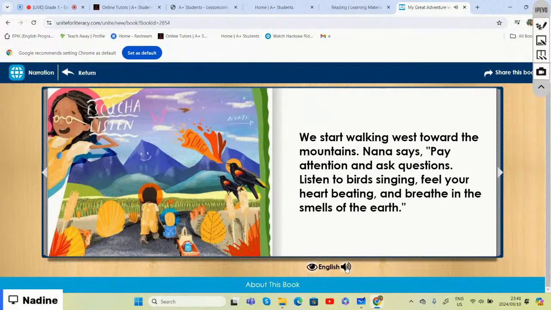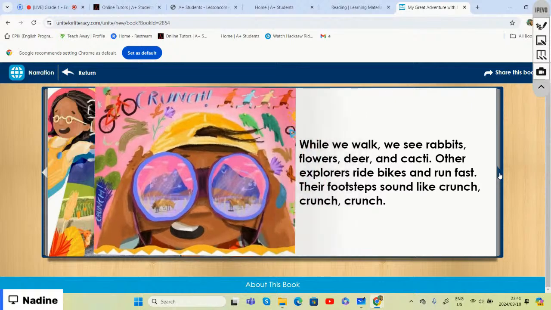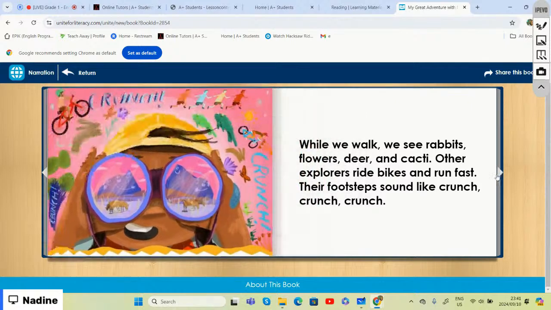Listen to birds singing, feel your heart beating, and breathe in the smells of the earth." While we walk, we see rabbits, flowers, deer, and cacti. Other explorers ride bikes and run fast. Their footsteps sound like crunch, crunch, crunch.